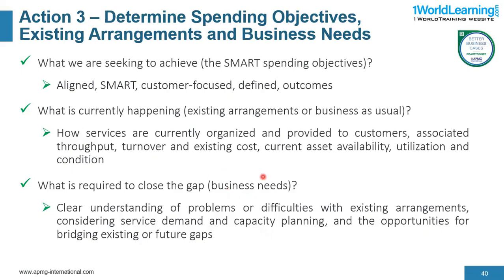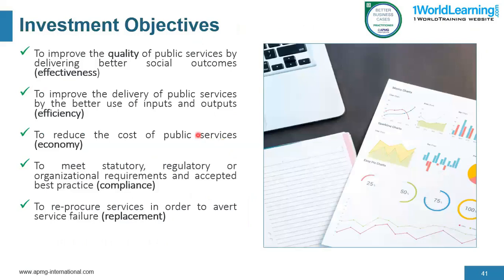Now let's do a further deep dive on what these spending objectives are. Broadly speaking, BBC breaks down spending objectives pertaining to 5 key drivers. We could spend to bring about some effectiveness in terms of improving the quality of public services by delivering better social outcomes.